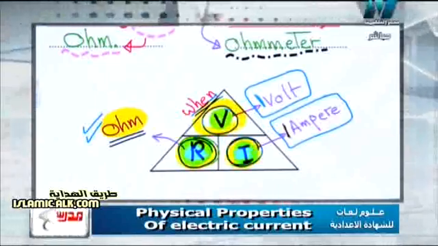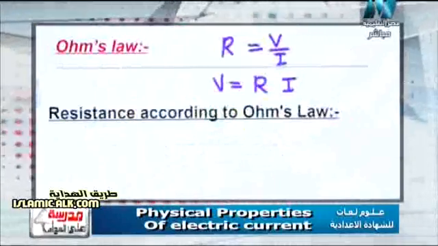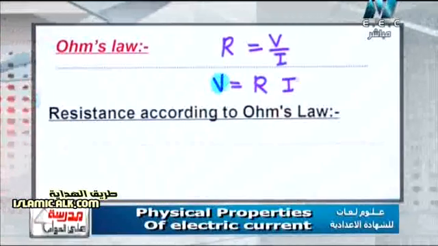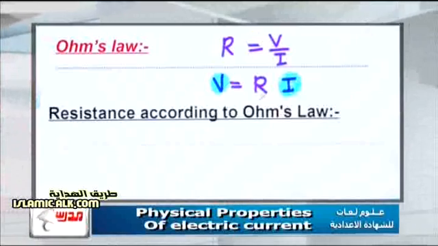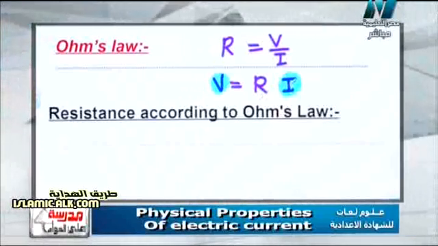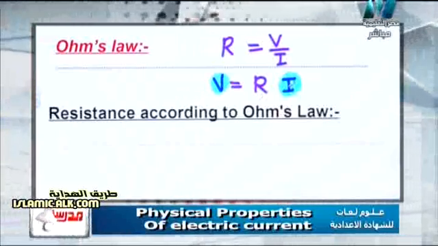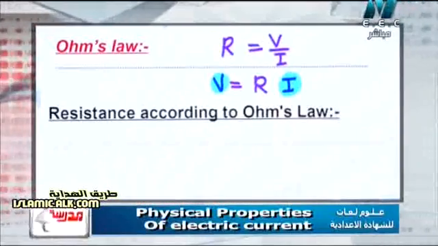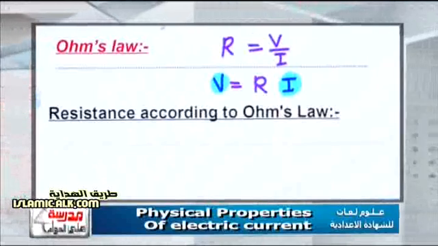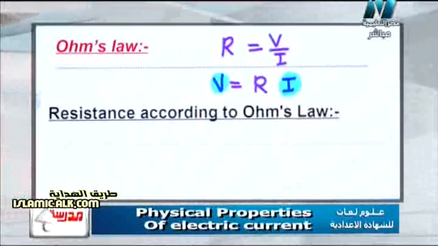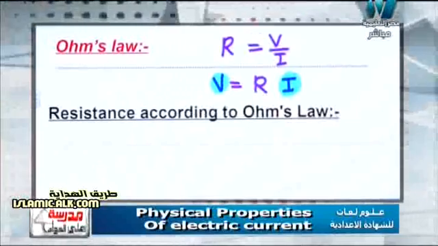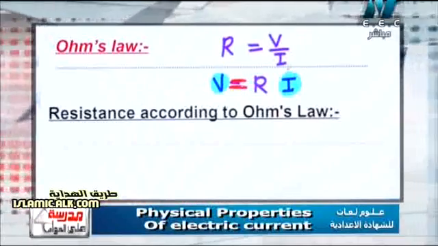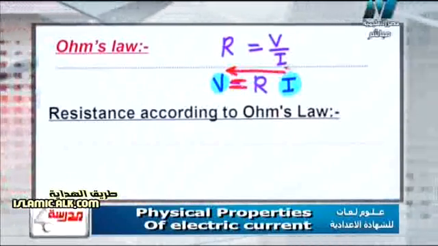Okay. So what is the relation between V and I? Directly proportional or inversely proportional? As we studied before in first term or in any stage, if we have two physical quantities on the same straight line with an equal sign between them, they are directly proportional.